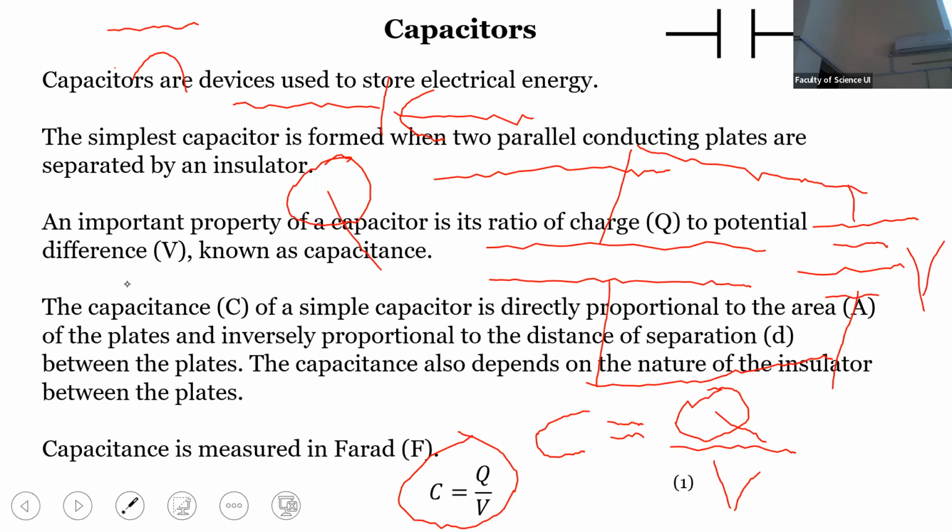We have what we call dielectric constants, which is directly connected to the permittivity of the material. You define the permittivity of free space to be 8.85 times 10 to the power minus 12 farad per meter. But we should now think about the permittivity for different materials.